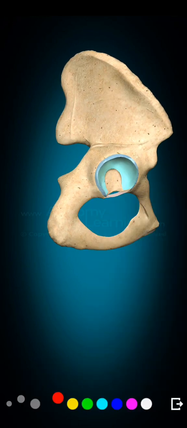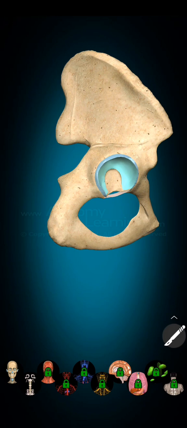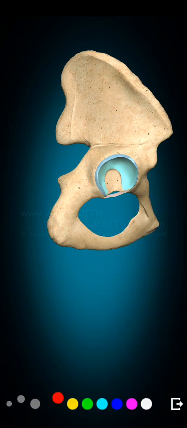We all know the hip bone consists of three parts, that is ilium, ischium and pubis. This part is the ilium, this part till here is the ischium, and this is the pubis. So we'll see what the parts are in the ilium, ischium and pubis.